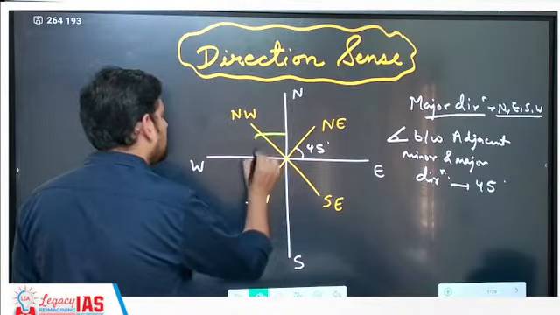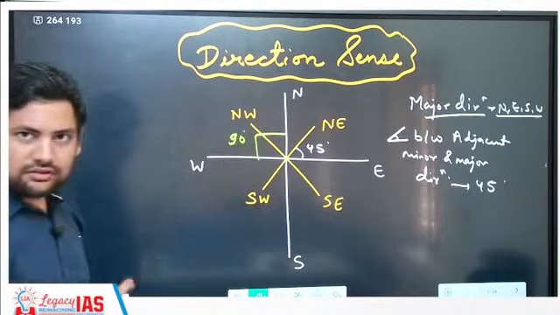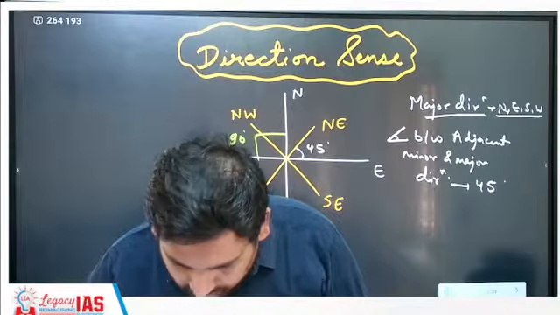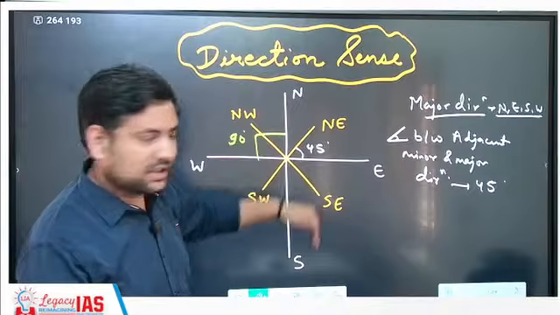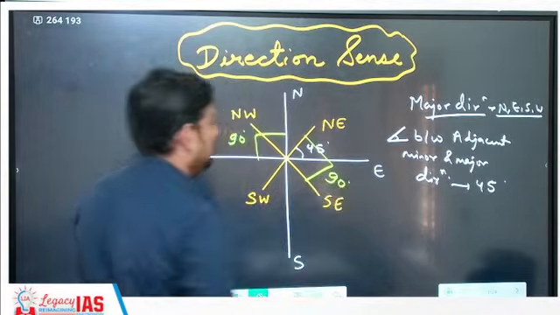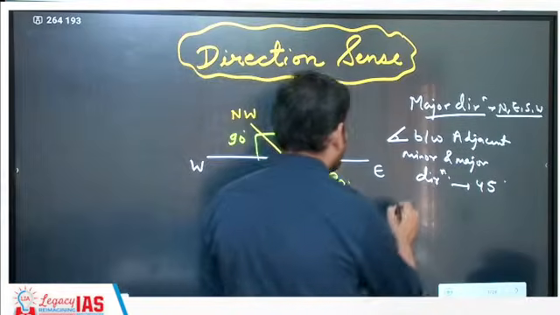Between north and west, or west and south, the angle is 90 degrees. Also, if you look at two directions like northeast and southeast, they also have an angle of 90 degrees between them, correct?